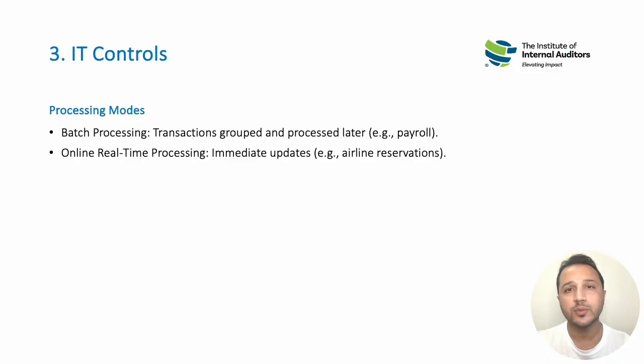Batch processing is when we periodically do certain activities within the business environment. For example, payroll is generated either bi-monthly or monthly, depending on the organization and based on the regulations. So that is done after 15 days or after 30 days periodically.